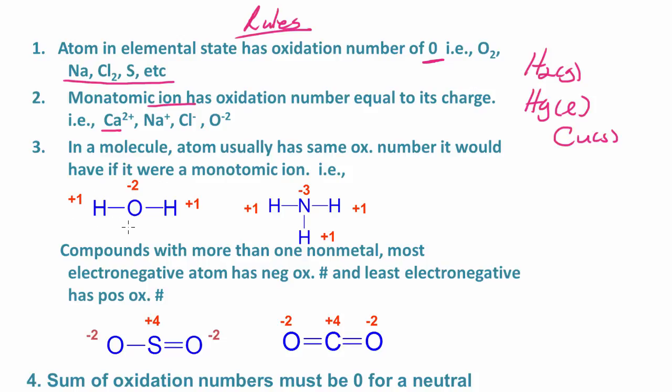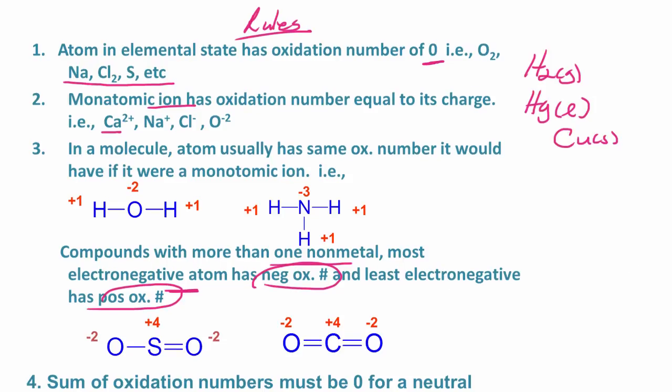For example, hydrogen is almost always +1, and oxygen is almost always -2. There are some exceptions. When we have compounds with more than one nonmetal, the most electronegative atom will have a negative oxidation number, and the least electronegative will have a positive oxidation number.